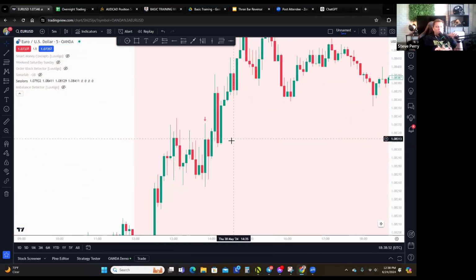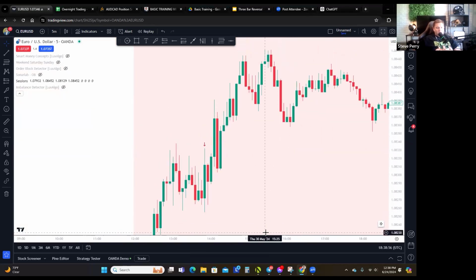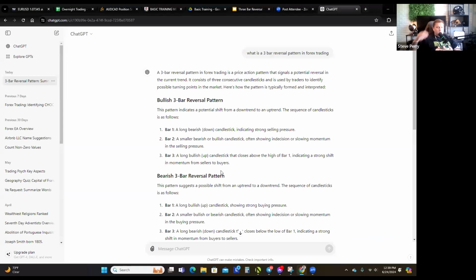All right, so that's a 3 bar reversal. The two ways, like I said, my favorite way is to get two greens and then one big red, or two reds and then one big green. That's the way I like it. Or you can do it this way with ChatGPT, where basically the first candle is down, the second candle is more of an indecision, and the third candle engulfs.